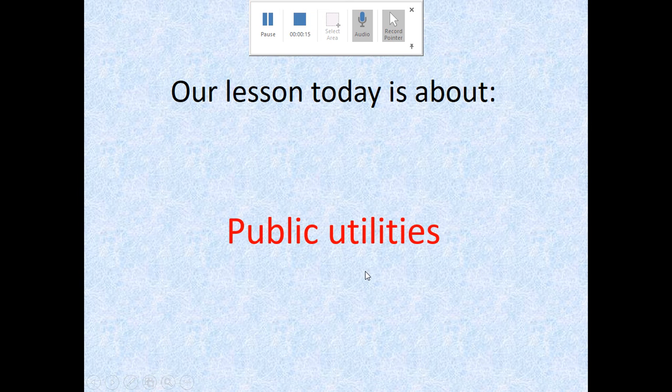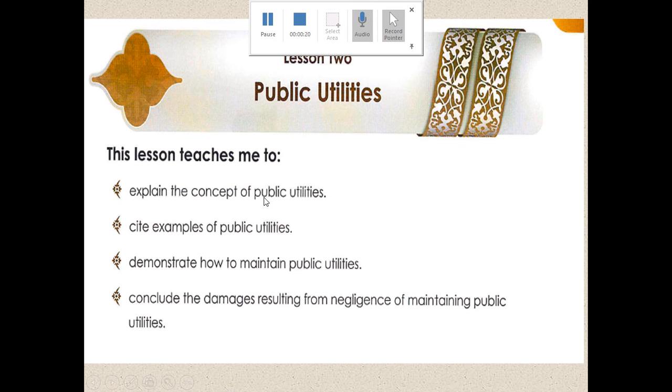Our learning intentions are to explain the concept of public utilities, to cite examples of public utilities, to demonstrate how to maintain the public utilities, and to conclude that damages result from neglecting the maintenance of public utilities. What is the result? What might happen?